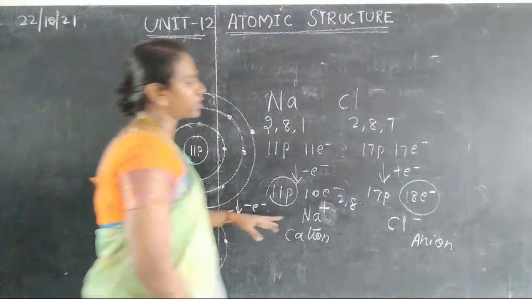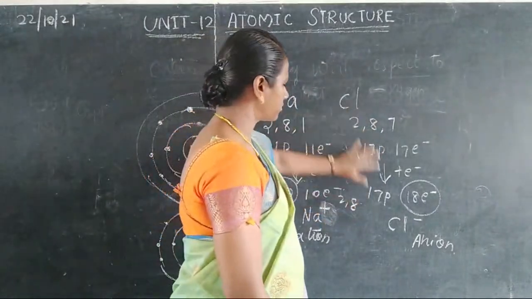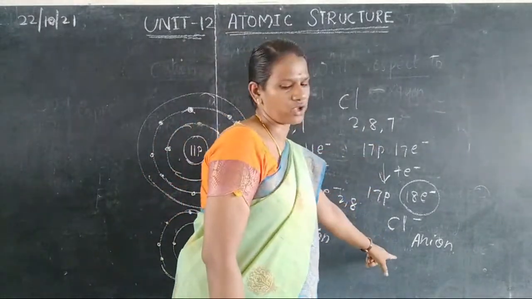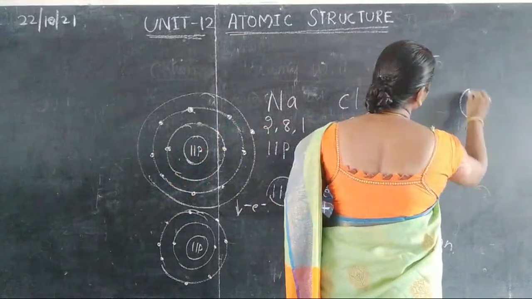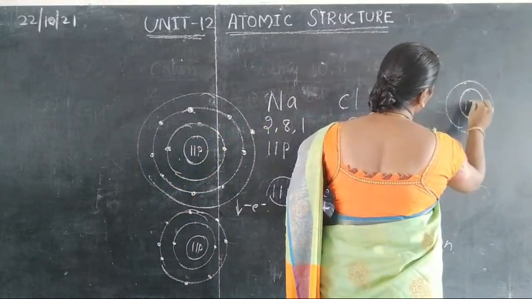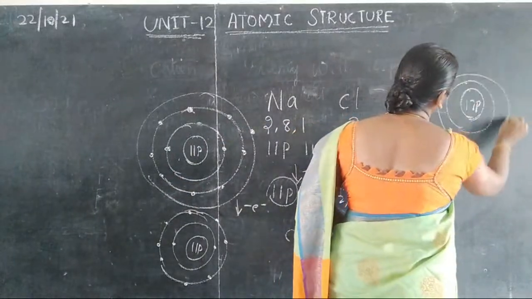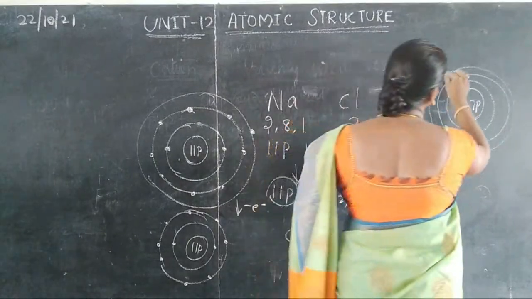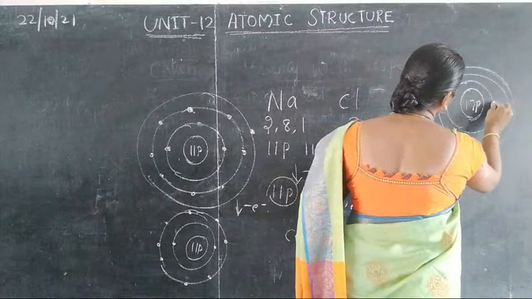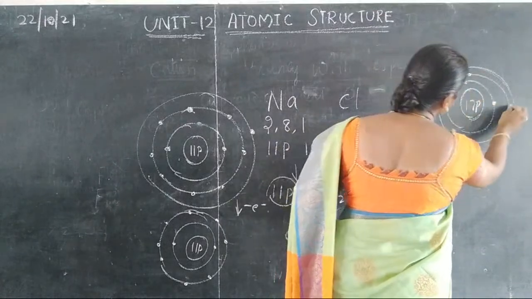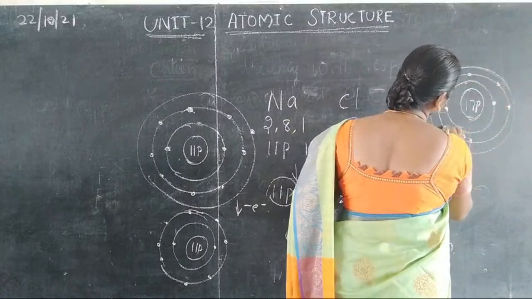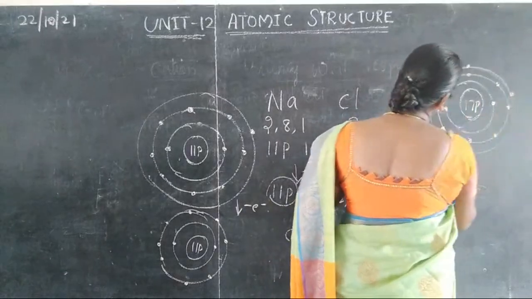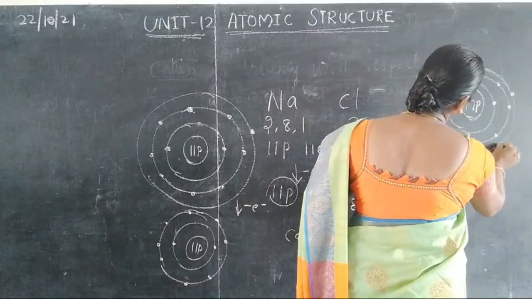And what about chlorine? Sorry, chlorine forms the anion. Here chlorine gains an electron and forms the anion. Chlorine contains 17 protons in its nucleus and 17 electrons before it becomes stable: 2 electrons, 8 electrons, and the last shell has 7 electrons.